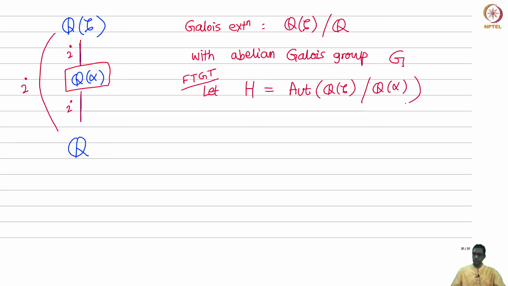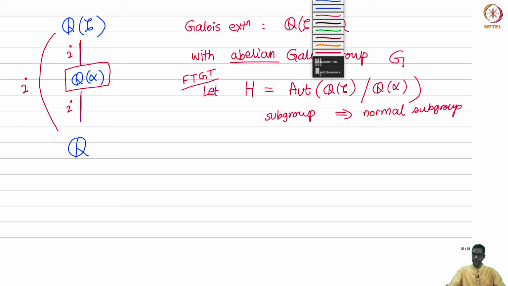Now what do we know here? We know the following: G is an abelian Galois group, and H is a subgroup, which automatically implies it is a normal subgroup, because G is abelian. And what does that give us? Recall the second part of the fundamental theorem.